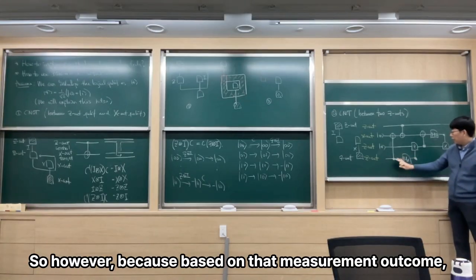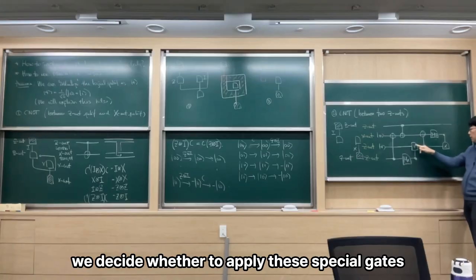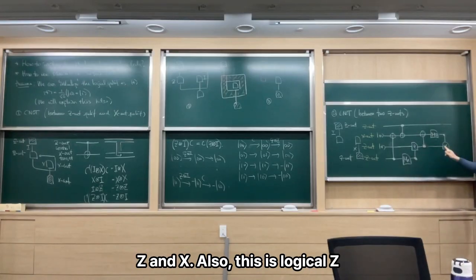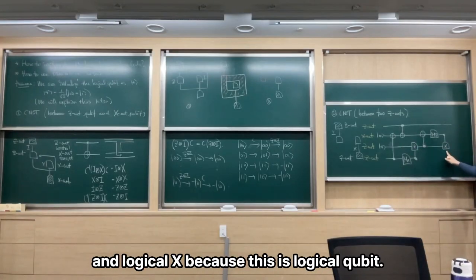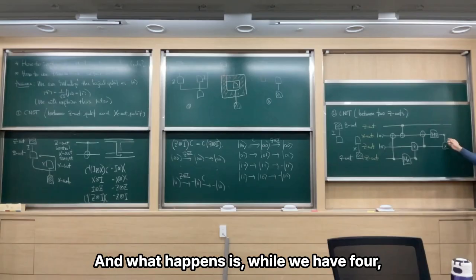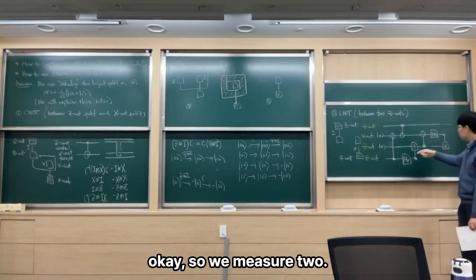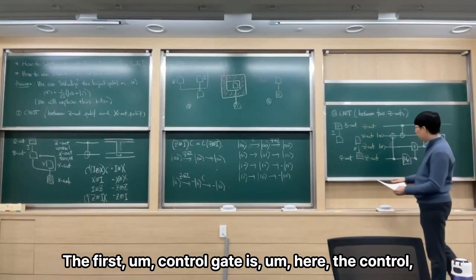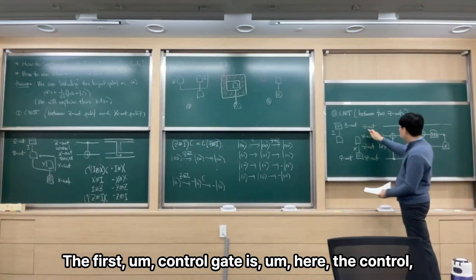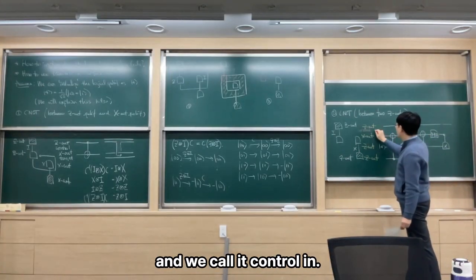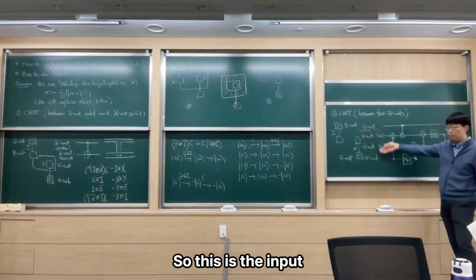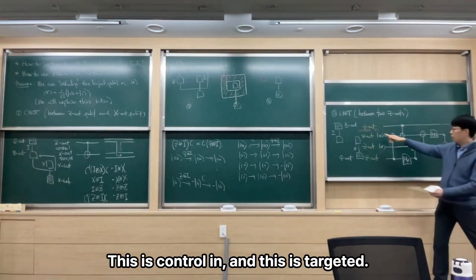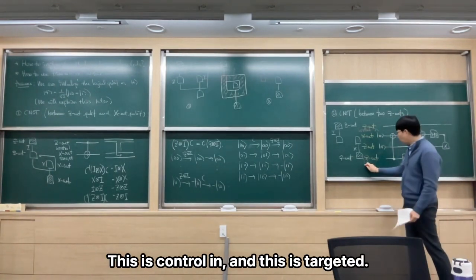However, based on that measurement outcome, we decide whether to apply these special gates, logical Z and logical X, since these are logical qubits. We have 4 qubits and we measure 2. The first control gate is here; we call it control in. This is the input and this is the output. So this is control in, and this is target.